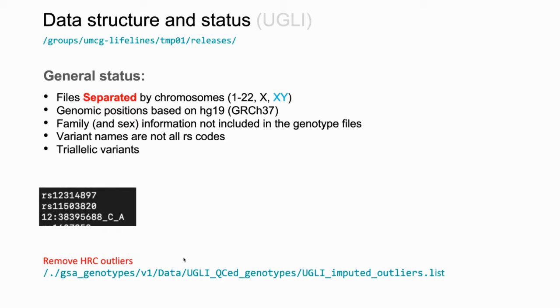So differences in reference allele notation and the allele frequency, and these SNPs cannot be used because they are not reliably imputed, and so they need to be removed from the data, but that has not happened, so the data actually includes them. So if you're going to work on this data, I really, really recommend you look for this file, which has the names of these SNPs, and remove them yourself after your analysis is finished.